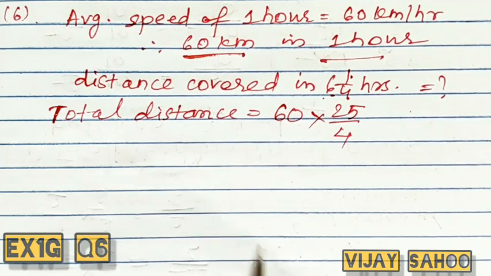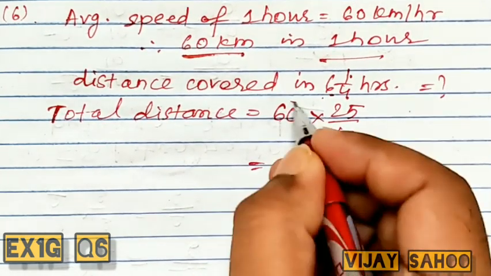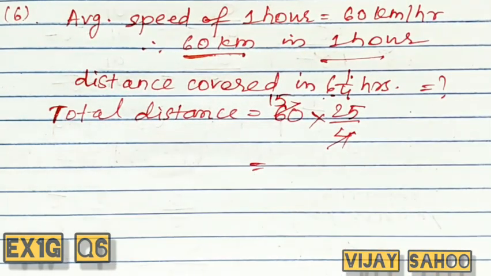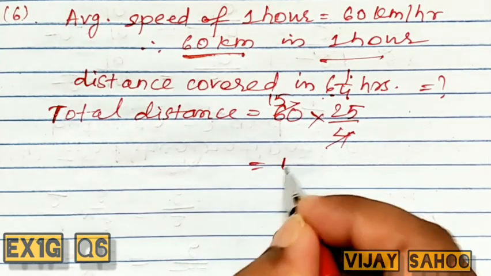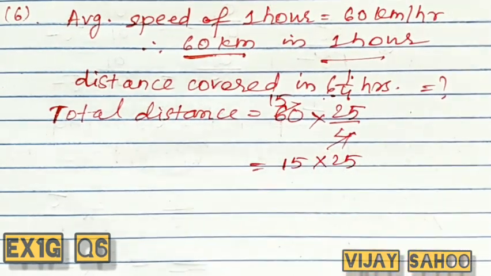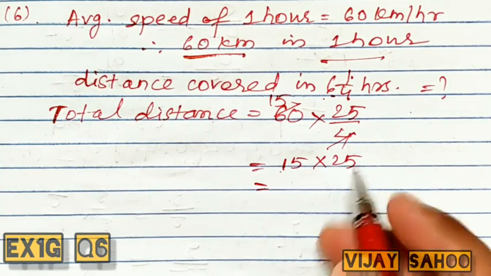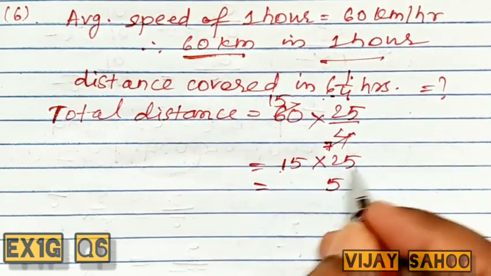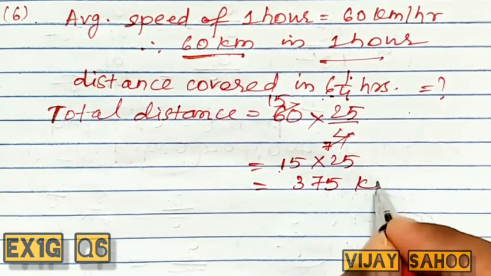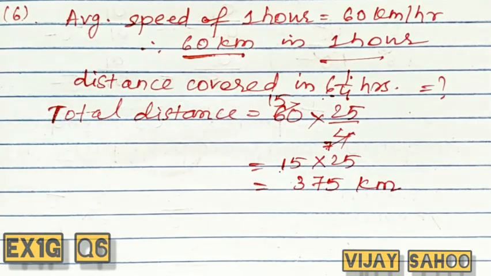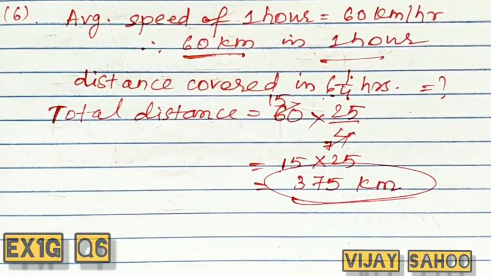We'll consider that the cancellation is possible over here. That is 15 multiplied by 25. That will be the answer. So if I do the multiplication, 5 5s are 25, 5 2s are 10, 375 kilometers will be covered in 6 1 by 4 hours. So this is the final answer.